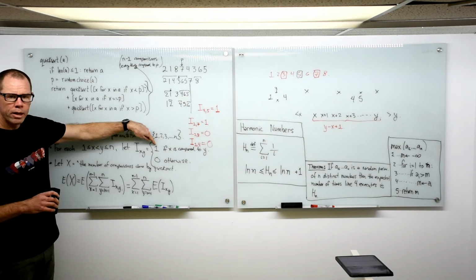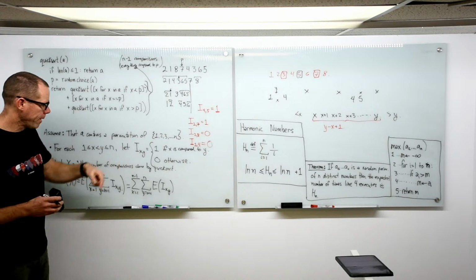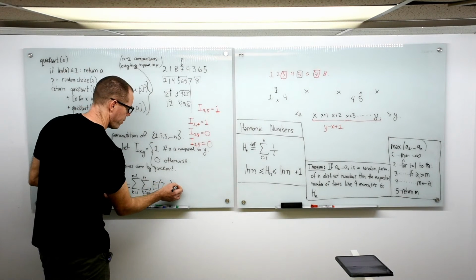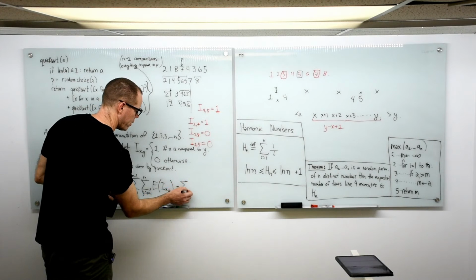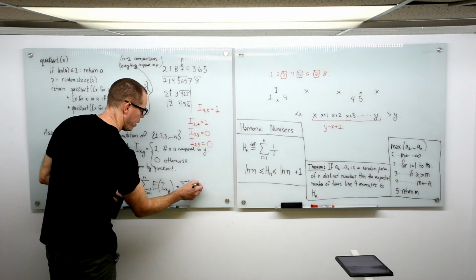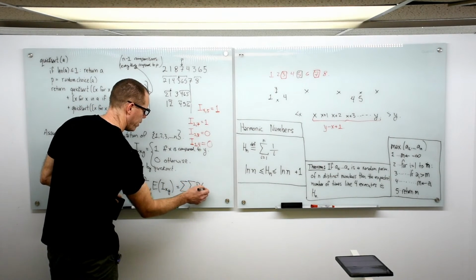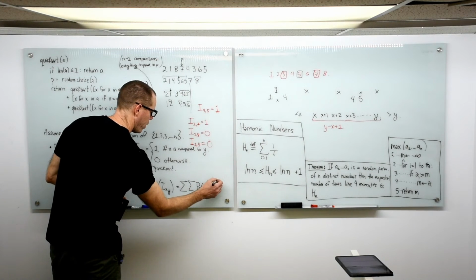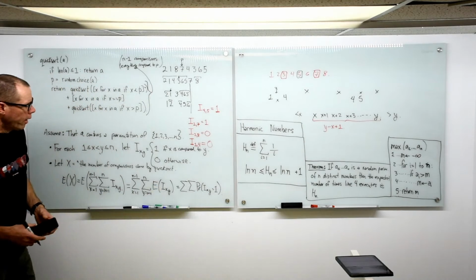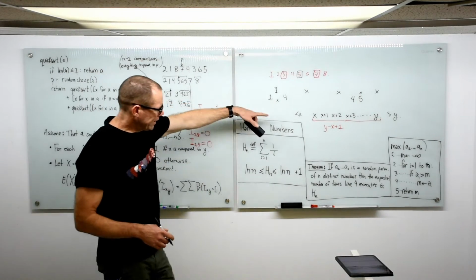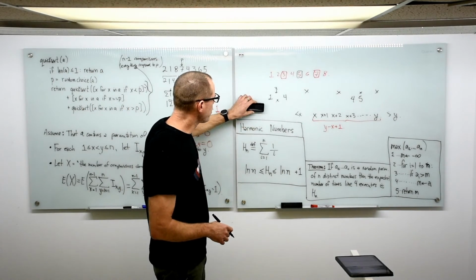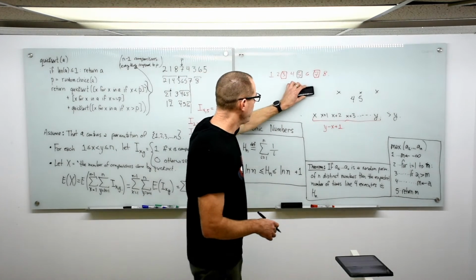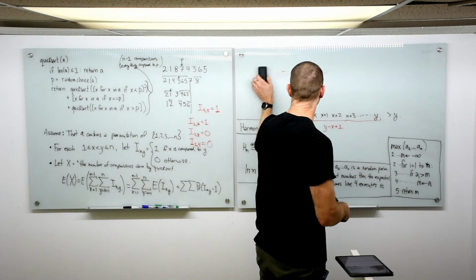It's just the probability that they're equal to 1. So this is the same double sum, the probability that I x y is equal to 1. And we've just been looking at this probability that I x y is equal to 1.